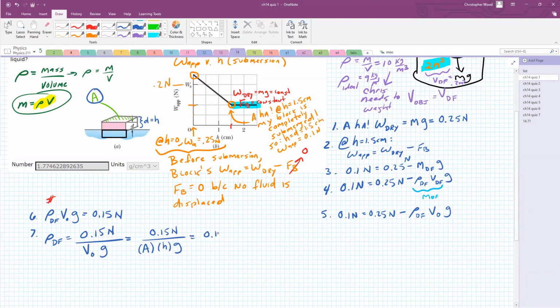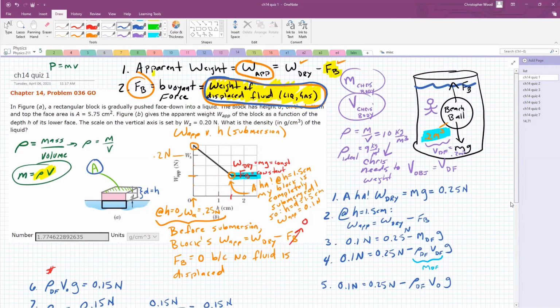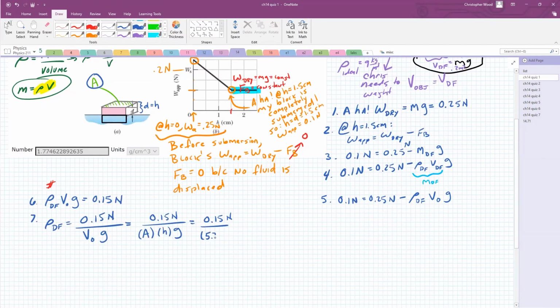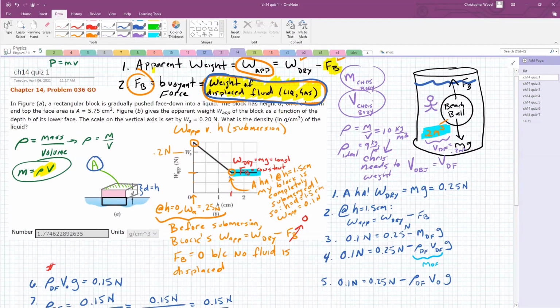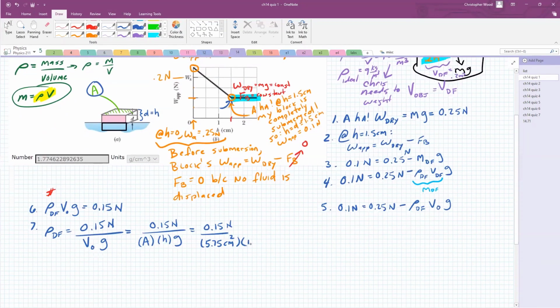Equals 0.15 newtons all over A, which for me, the cross-sectional area of this block, is 5.75 square meters. H is given through my incredible powers of detective work, through graphical analysis. It helps me to have this internal conversation, otherwise I'm not seeing the forest for the trees. But through my sleuthing, the height of this block is 1.5 centimeters.